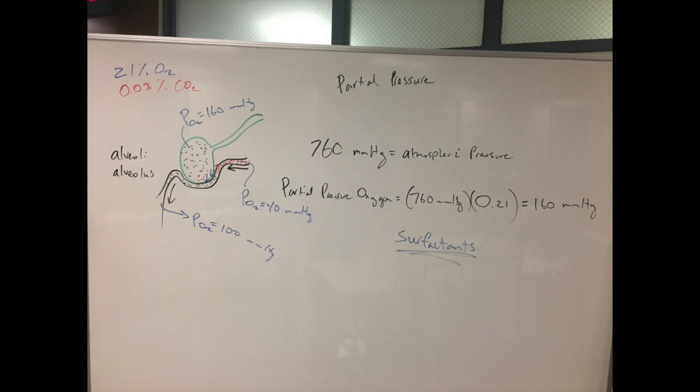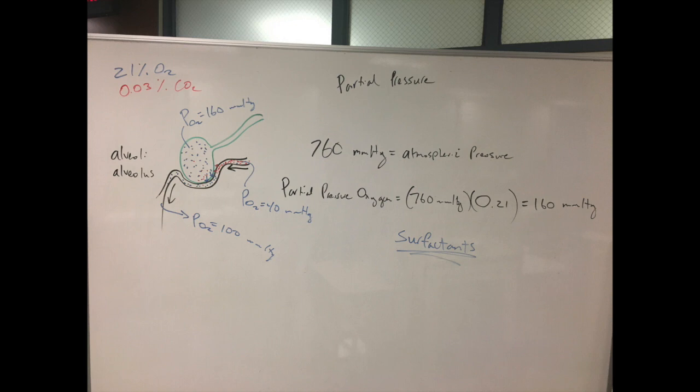What do you think the partial pressure of oxygen is in the capillary as it leaves the alveoli? It's got to be higher than 40, right? Is it going to be the 160? Or like 98%?